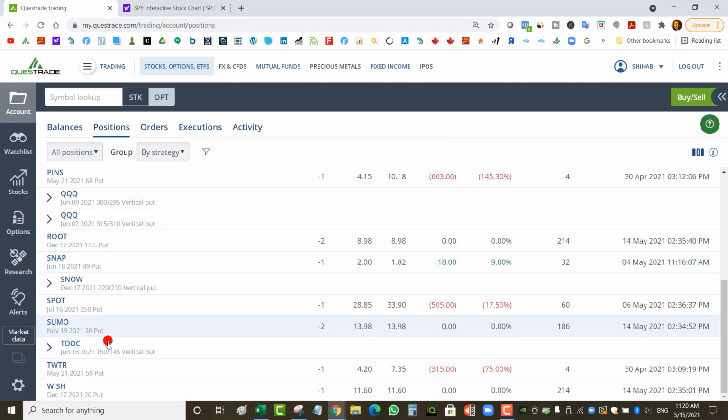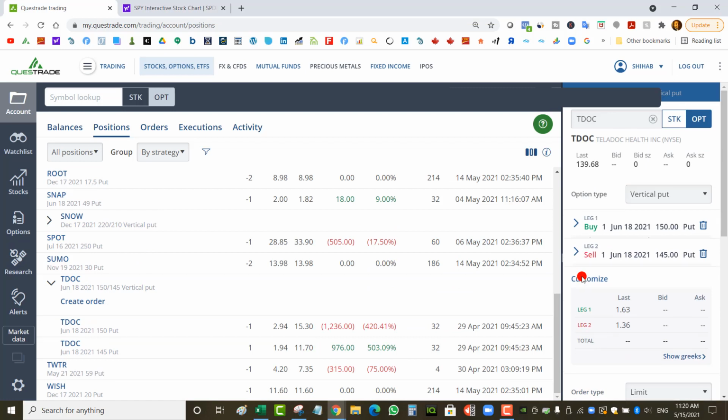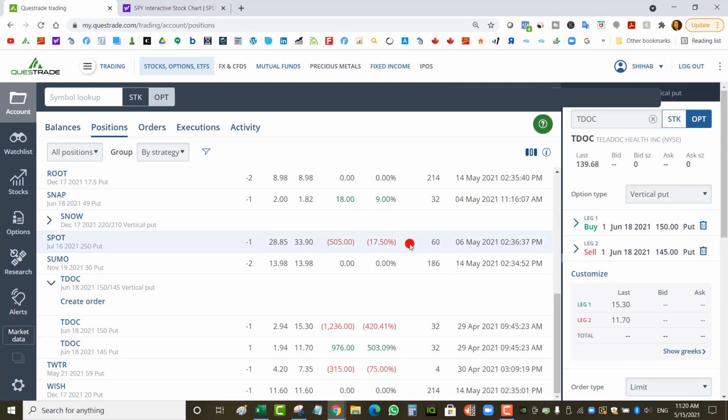So that's not good. Next, I've got a put spread on Teladoc. This has a June 18 expiry, a 150, 145 put spread. I just opened this when it dropped, but obviously it didn't matter because it dropped even more. I should have opened another one after it dropped, but I didn't get the chance to. I was also thinking of opening a put spread on Fiverr. It would have been closed already by now, but I missed it.